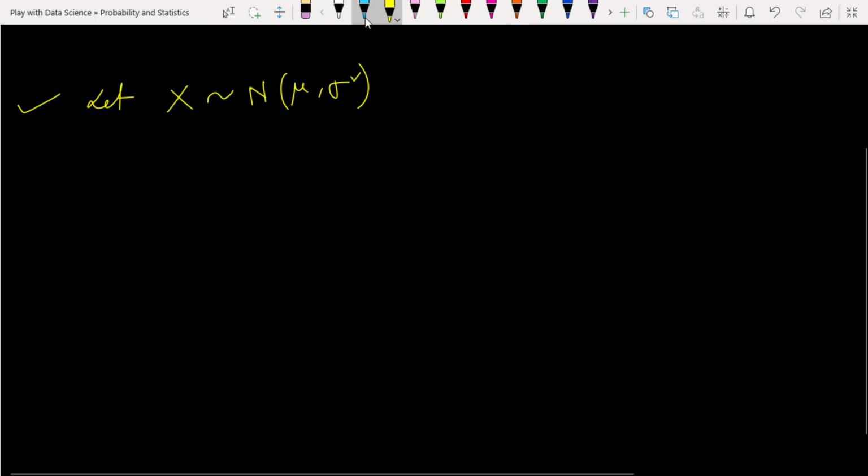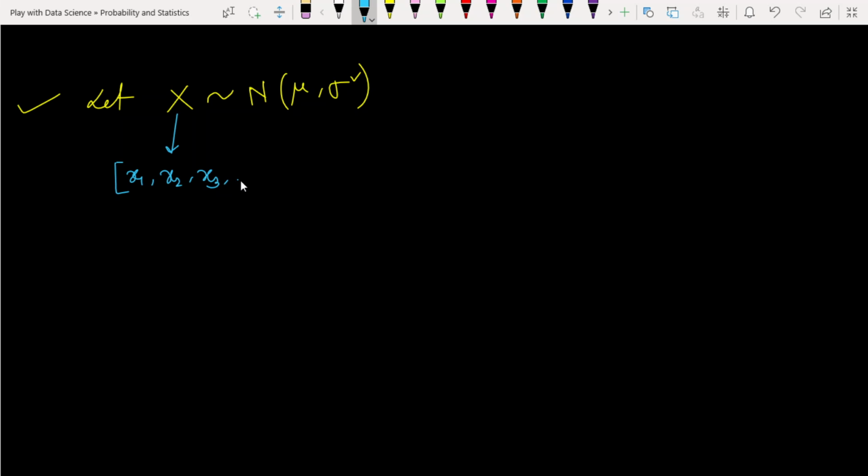Suppose the output values of the random variable X are x1 to x100, and its mean is mu and its variance is sigma square.